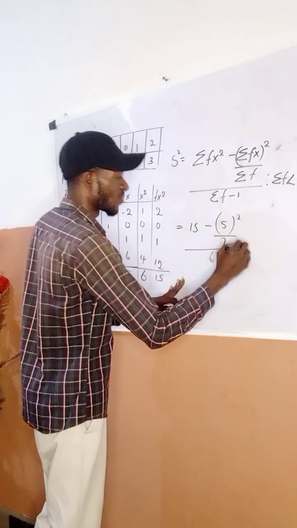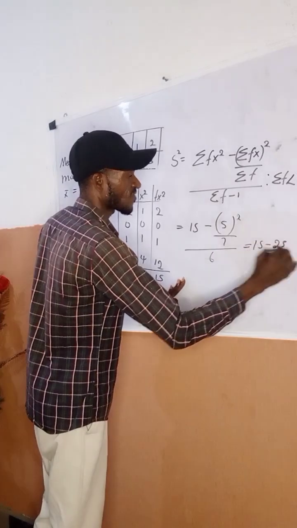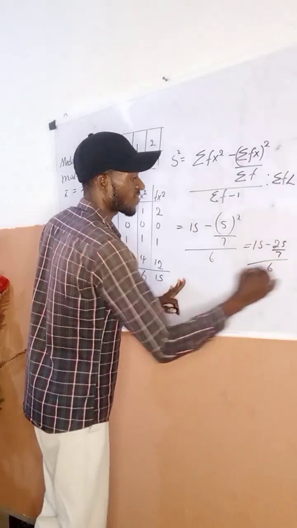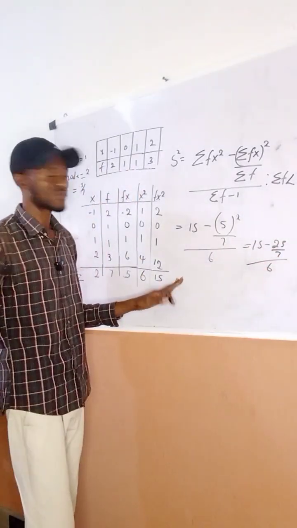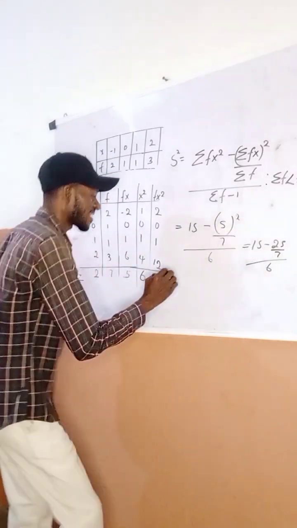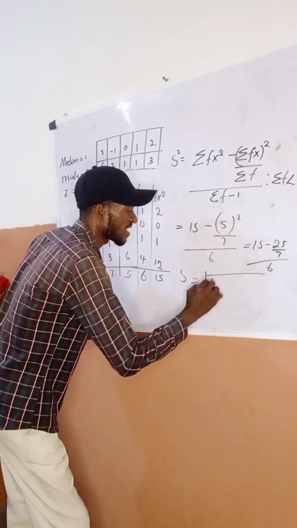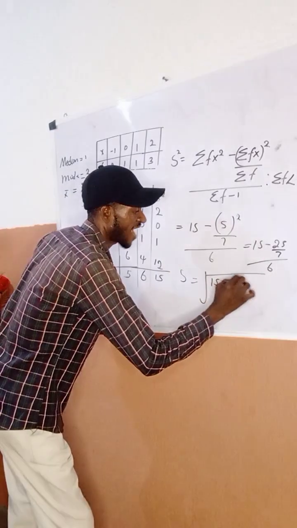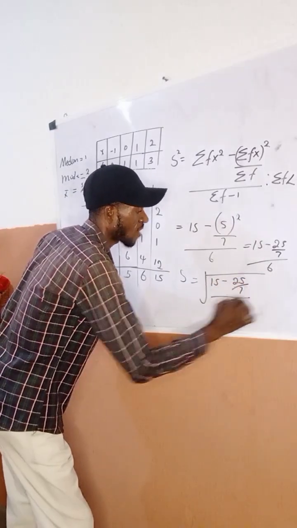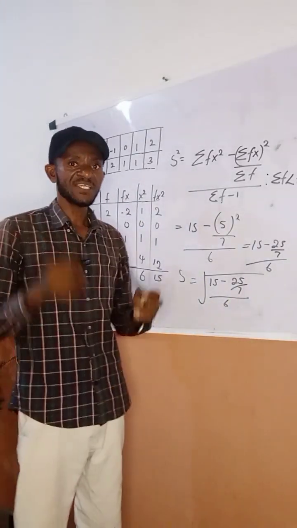So this is 15 minus 25 over 7, all over 6. Whatever you get here stands for our variance. And then my standard deviation S is the square root of what you have here, 15 minus 25 over 7, all over 6. That is the standard deviation.